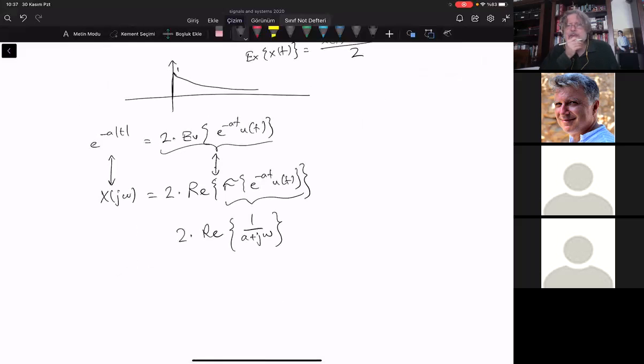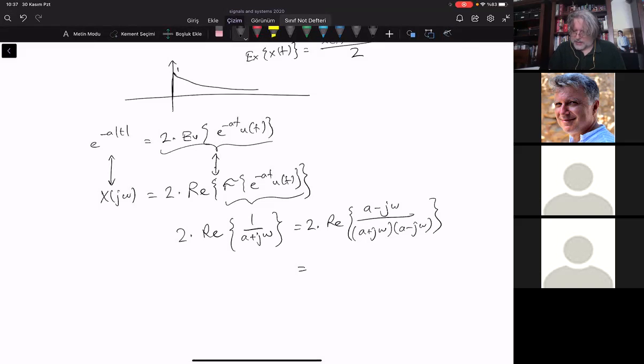How do we find the real part? If it is in the denominator, it's difficult to find the real part. So we have to multiply the numerator and the denominator by the conjugate of it. Twice the real part of a minus j omega divided by a plus j omega times a minus j omega.